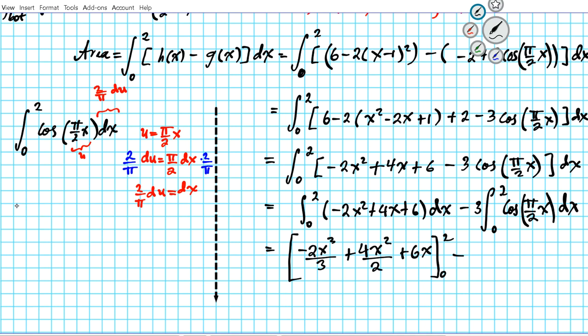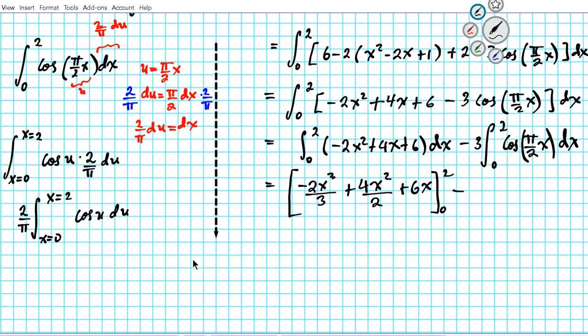Okay, now I'm going to integrate from x equals 0. I'm putting x's here for a reason you'll see in a second, to x equals 2 of cosine u times 2 over pi du. All right, you can factor out any constant, so 2 over pi times the integral from x equals 0 to x equals 2 of cosine u du.